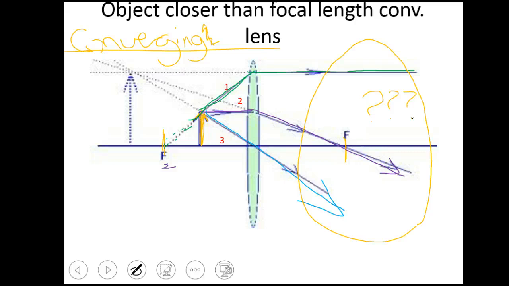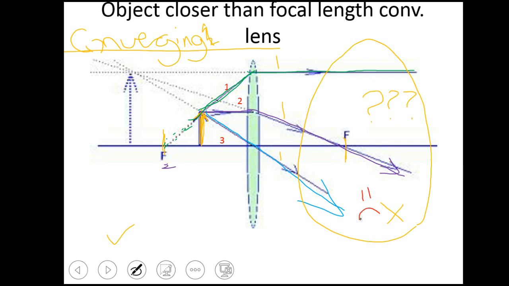It just doesn't work on this side. It works on this side. So what we'll do is take these 3 rays, and after we've refracted them, trace them backwards. They definitely don't meet up over here.